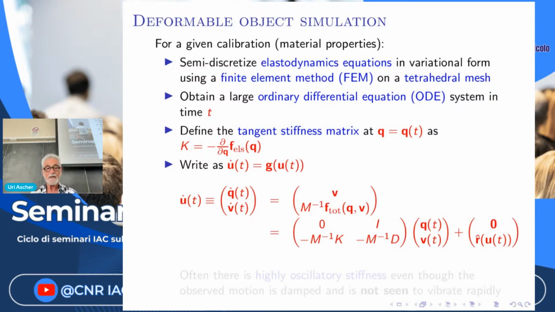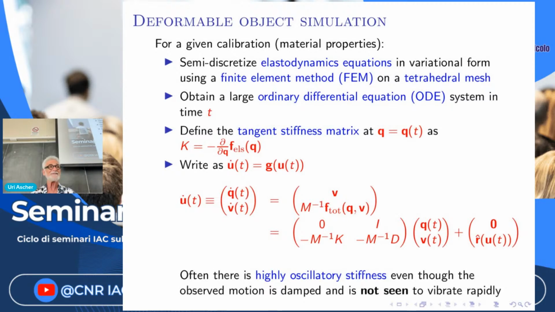Okay. And it turns out that this stiffness matrix can have very, very large eigenvalues, frequencies, and corresponding to them you're going to have high frequency modes because it's in the second derivative. And so we don't like this highly oscillatory stiffness. In fact, it's hard to deal with.